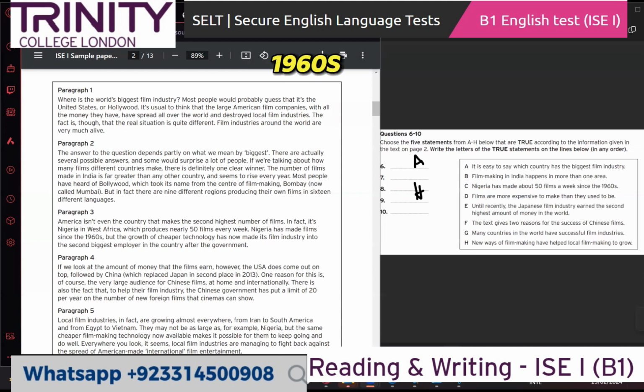Understanding or not? Because in the 1960s, people did not even have the technology to produce. It's given even in here that in fact it's Nigeria and West Africa now which produces nearly 50 films every week. Nigeria has made films since the 1960s. This is a separate fact. So that one is past tense. So C is not true.